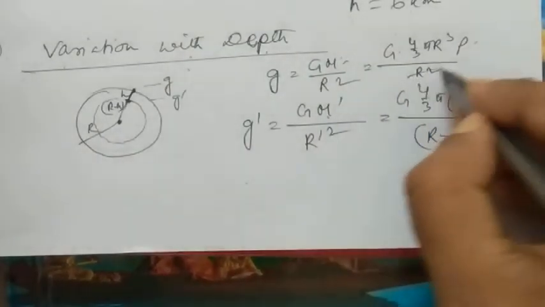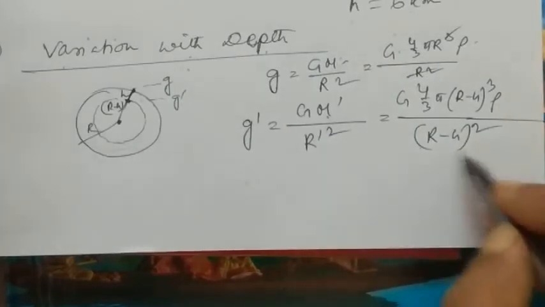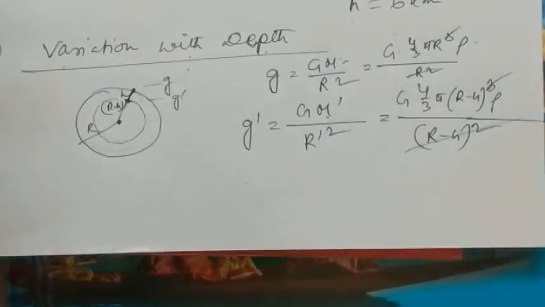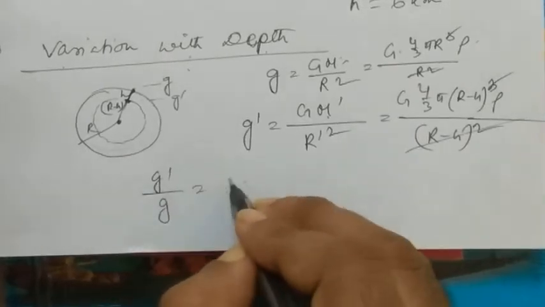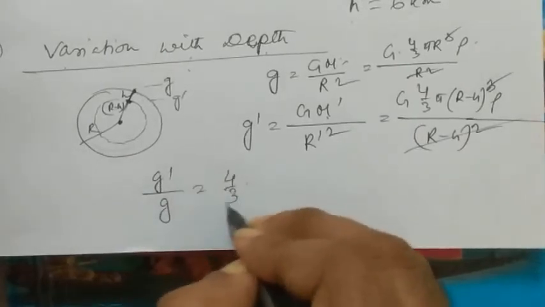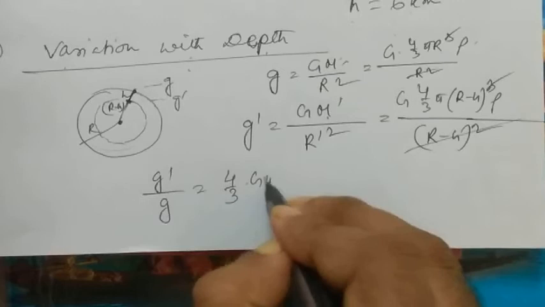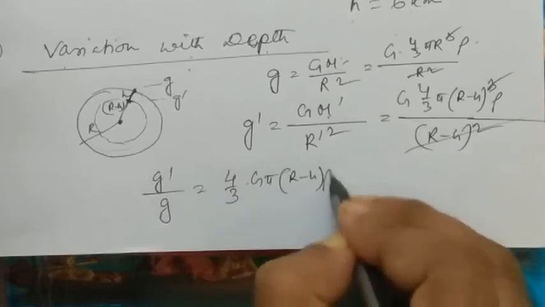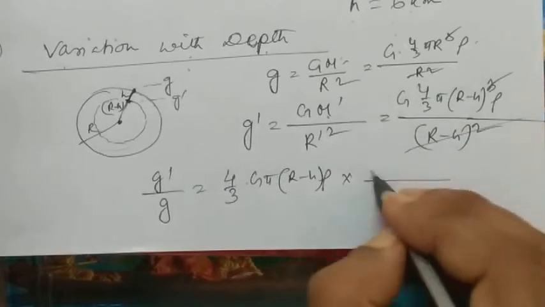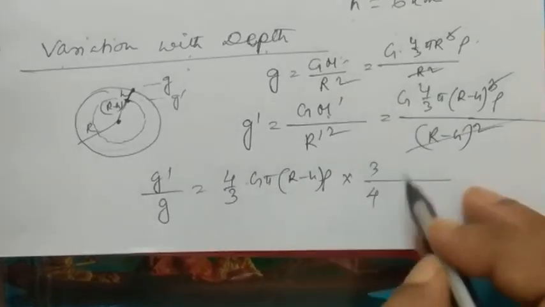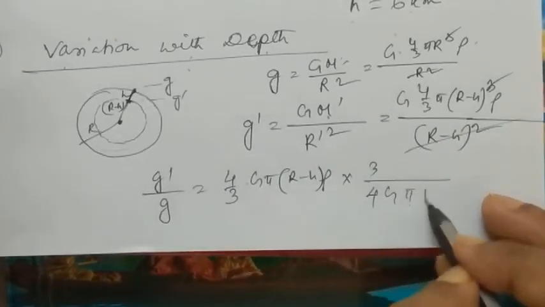So g dash by g means G 4/3 pi (r minus h) rho divided by G 4/3 pi r rho.